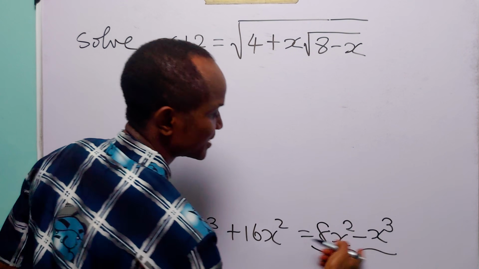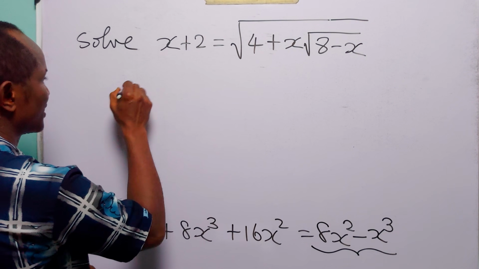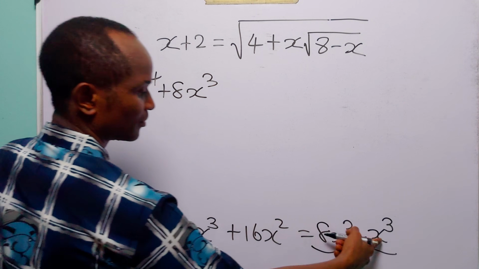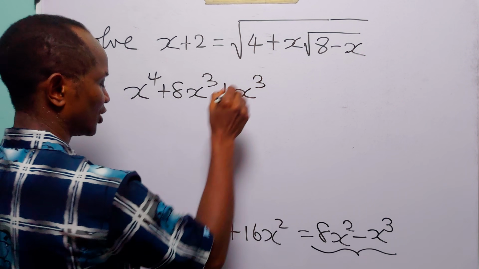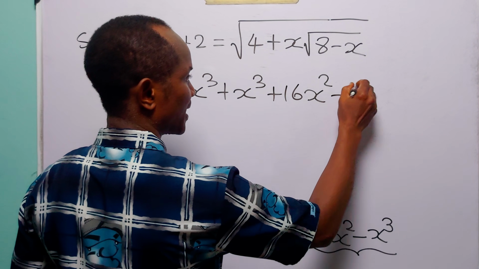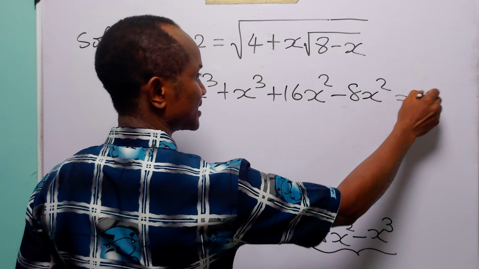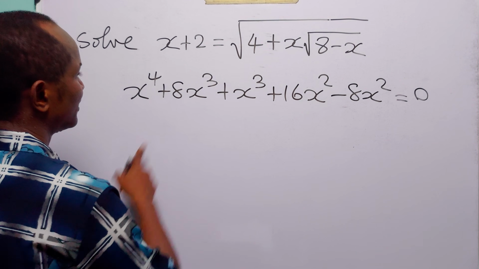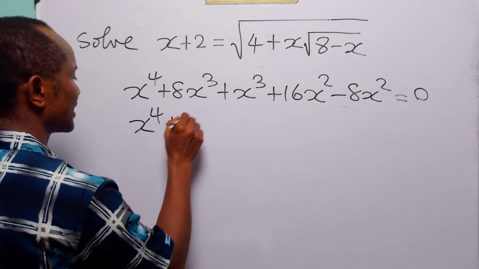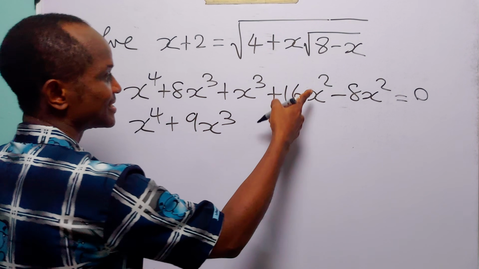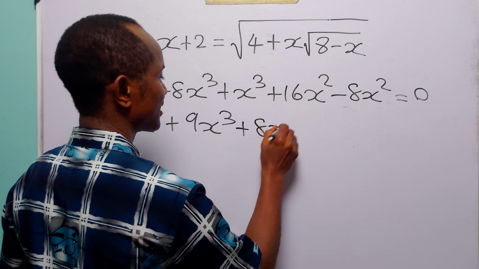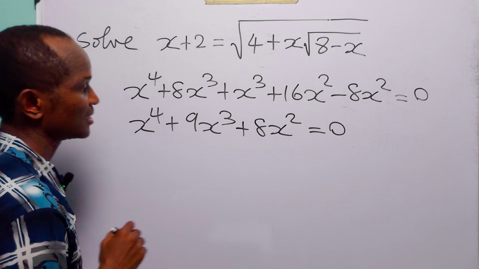Now, when we move these two terms over to the left-hand side, we have x⁴ + 8x³ + x³ + 16x² − 8x² is equal to 0. 8x³ + x³ is going to give us 9x³. 16x² − 8x² is going to give us plus 8x², and this is equal to 0.